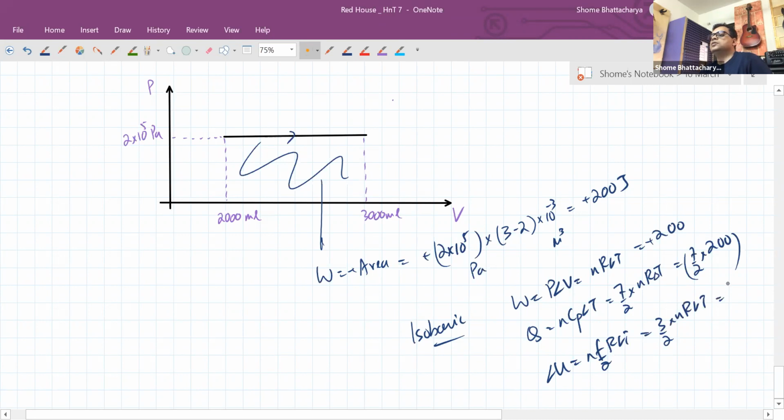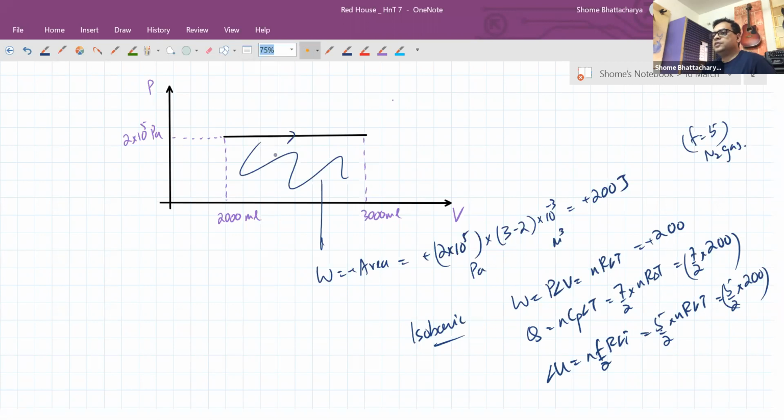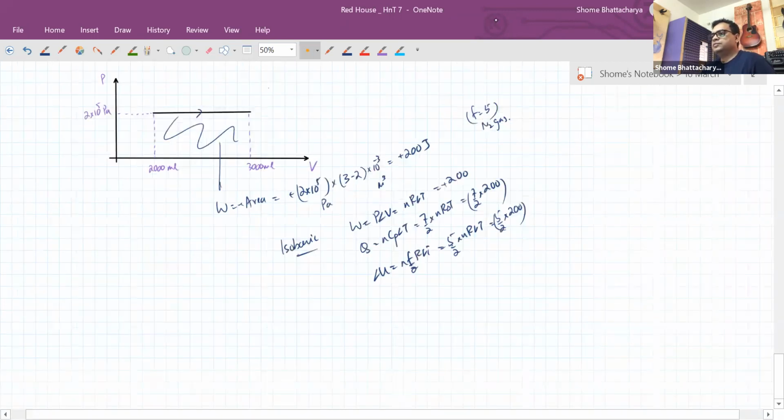Sorry, this is 5 by 2 for delta U. It's a diatomic gas. So you can use this also. Okay, so this is one of those subjects where you have a lot of options of doing questions by different methods. Okay. So anyway, hope this is clear. If anybody has a doubt, you can ask me straight away.